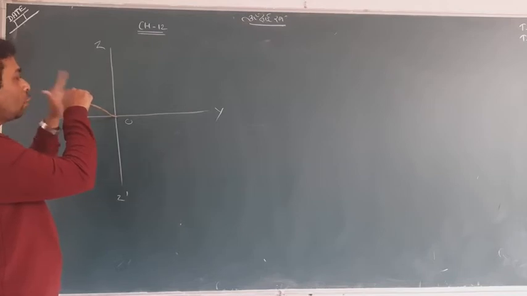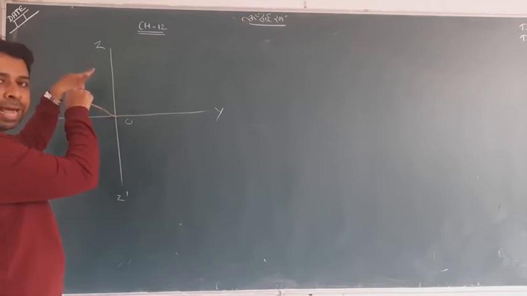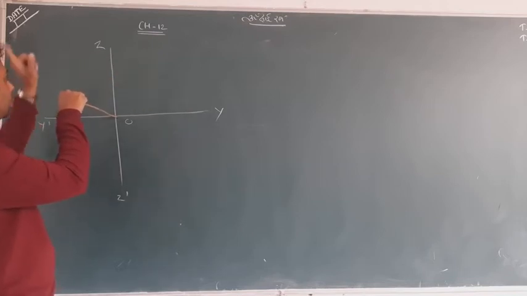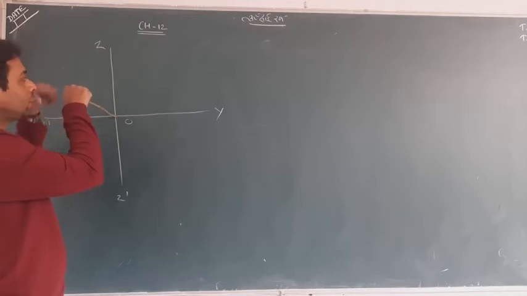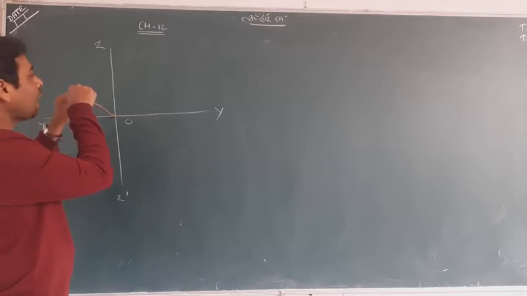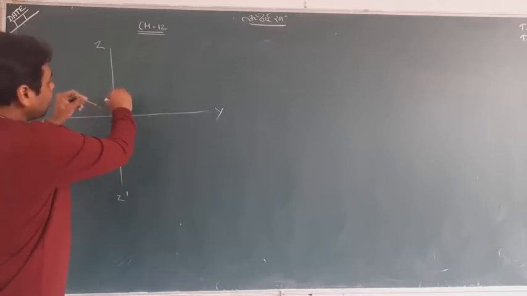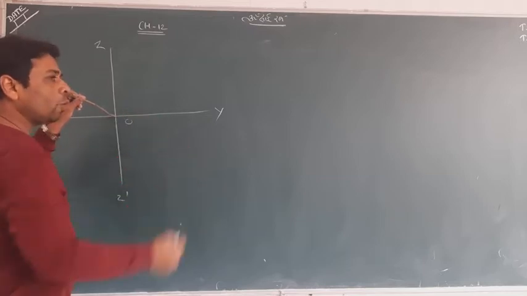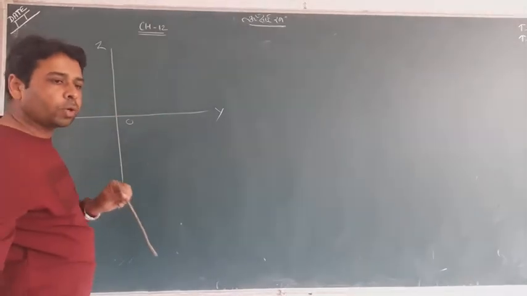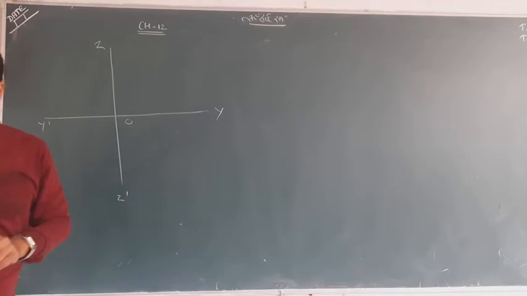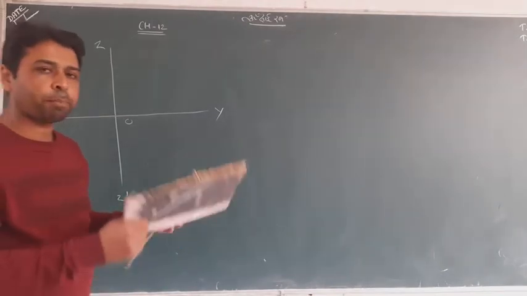So x, O, and at the back of the board x dash; y, O, y dash; z, O, z dash. These three axes all make 90 degree angles with each other. Z and x are at 90 degrees, and all angles are 90 degrees. Okay, now can we imagine one more thing? Let me explain something. This is a plane.